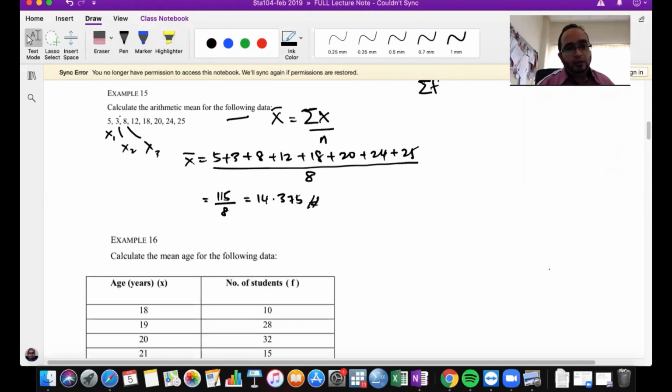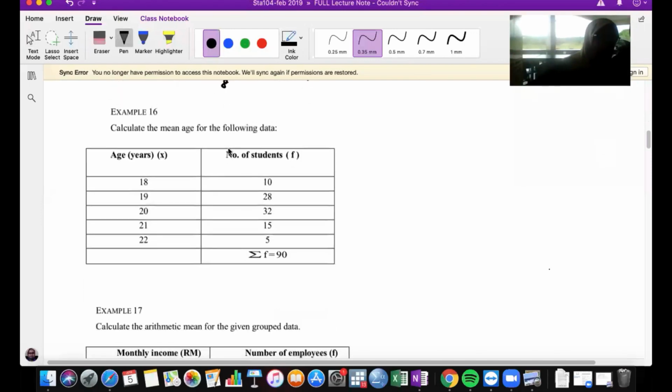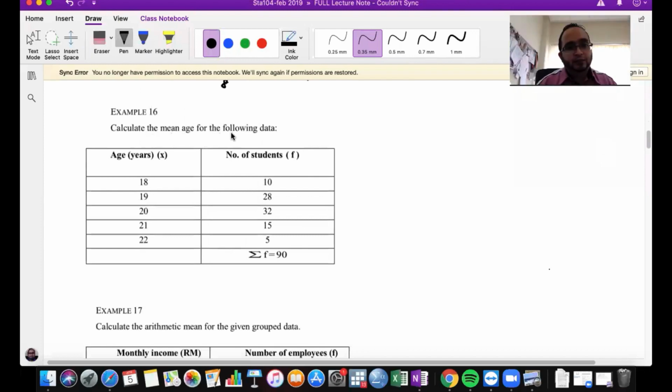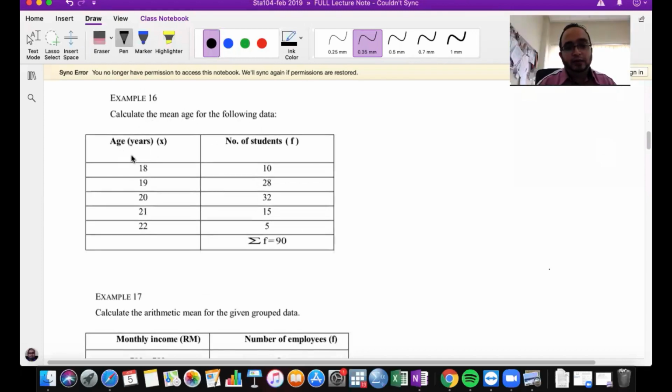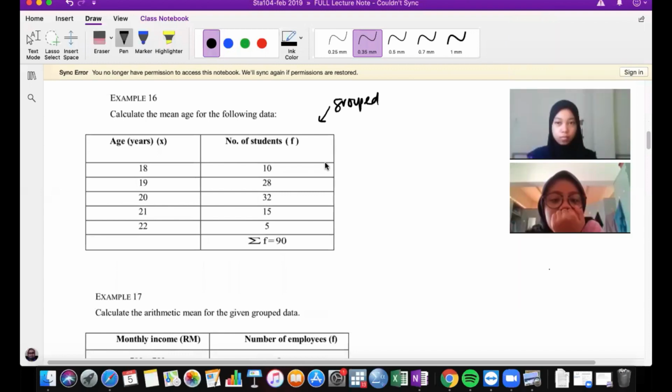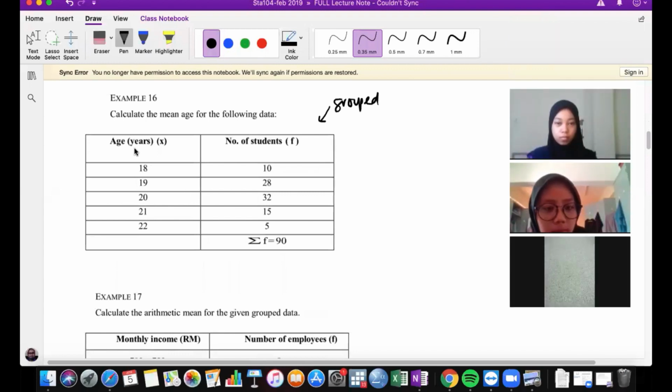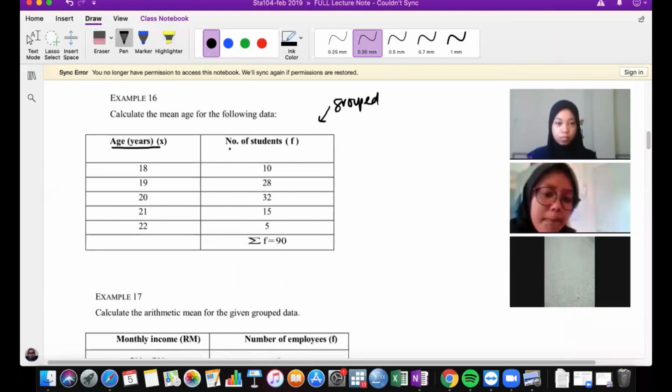Right. So now look at example number 16. Calculate the mean age for the following data. This is grouped data because the data is presented in a frequency table. By looking at this, we have age and number of students.